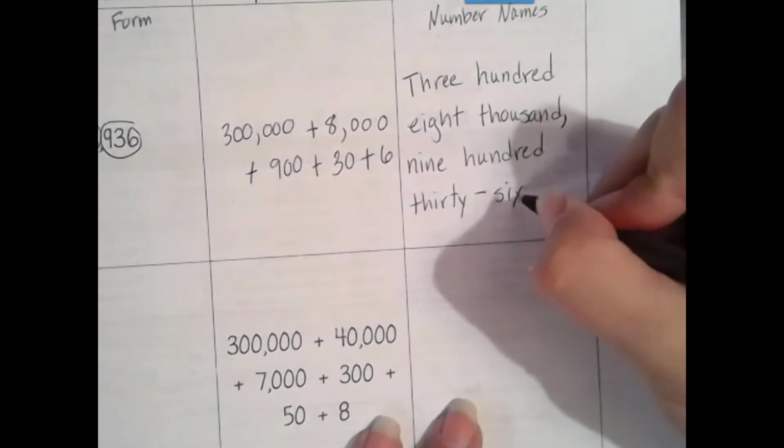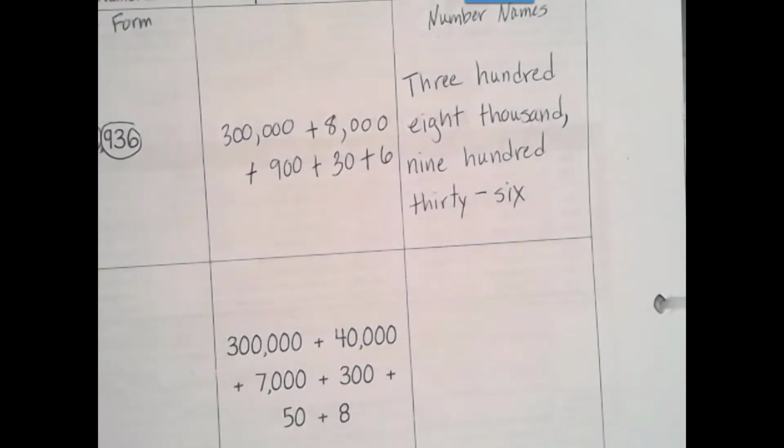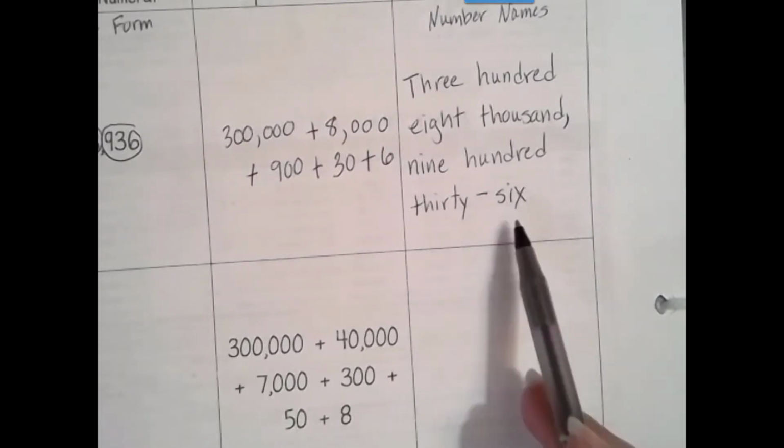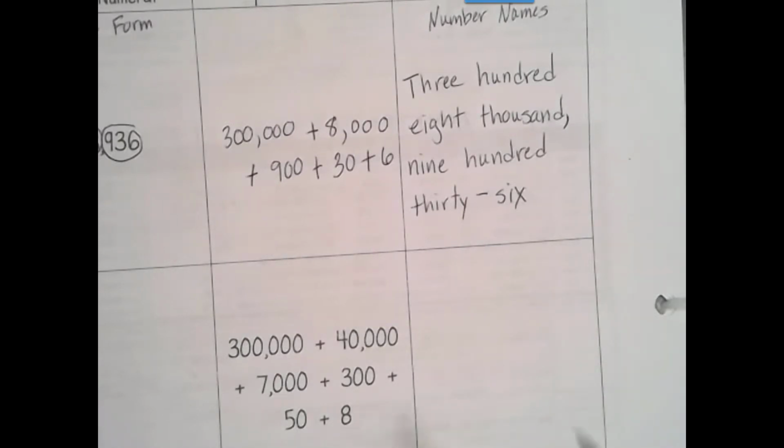The numbers from 21 all the way to 99 have hyphens in between them, unless they're the multiples of 10. After 99, you don't worry about it. Before 20, you don't worry about it. It's only between 21 and 99 we have this hyphen.